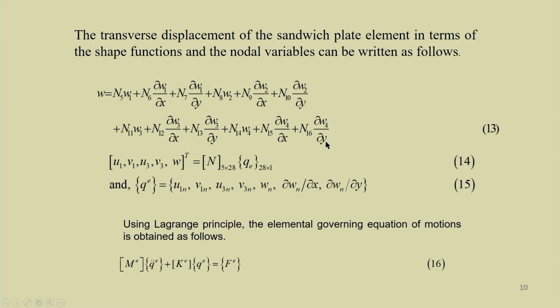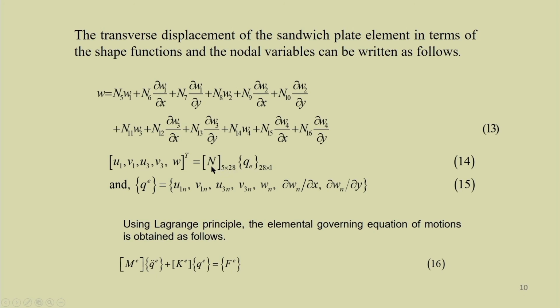This way we can write. So u1 v1 is for the top layer, then u3 v3 for the bottom layer, and then w is in the transverse direction. So the transpose can be written as N5 into 28.